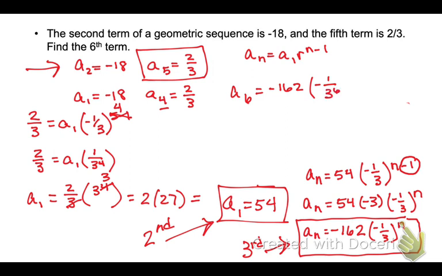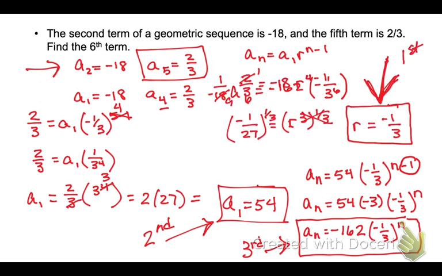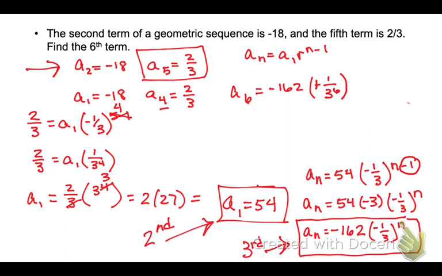The negative becomes a positive, because a negative times a negative six times is positive. I need to reduce this.